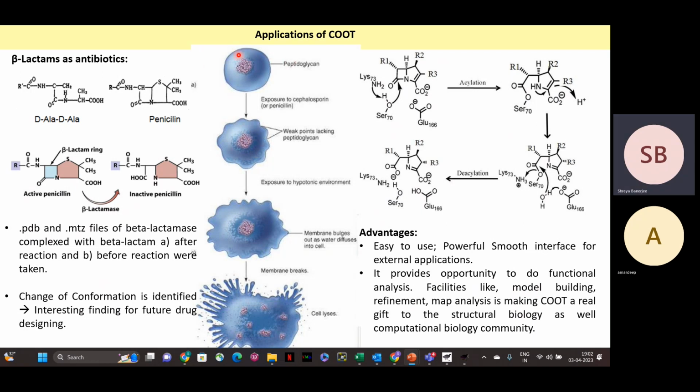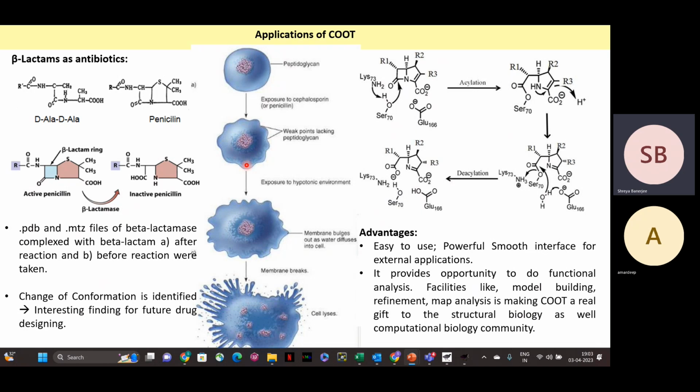Just here, you can see what the effect of the beta lactam is. Bacterial cell walls have a component called peptidoglycan, which is basically a peptide complex with a sugar. If it is exposed to penicillin, which is a beta lactam, then it breaks the peptidoglycan at various points. Then the cell wall, which was initially very strong, becomes weak wherever the peptidoglycan is missing.